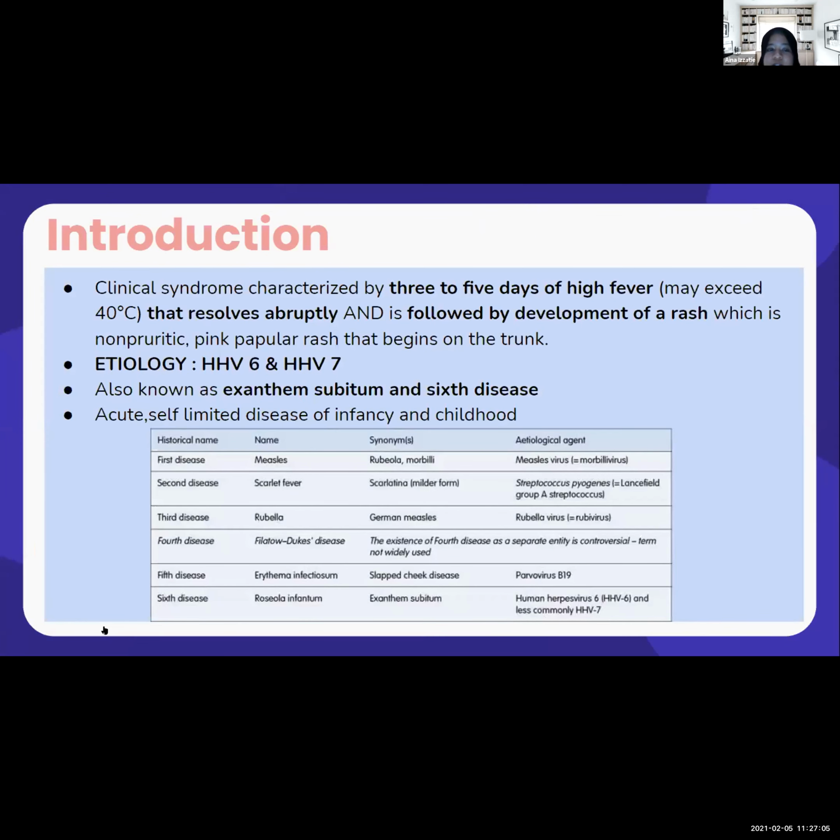Roseola infantum is a clinical syndrome characterized by 3 to 5 days of high fever, which may exceed 40 degrees Celsius, and then the fever will resolve abruptly and is followed by development of a non-pruritic, pink papular rash that begins on the trunk and will spread to other parts of the body. The etiology is infection by human herpesvirus 6 and less commonly human herpesvirus 7. It is also known as exanthem subitum and sixth disease, and it is an acute self-limited disease of infancy and childhood.